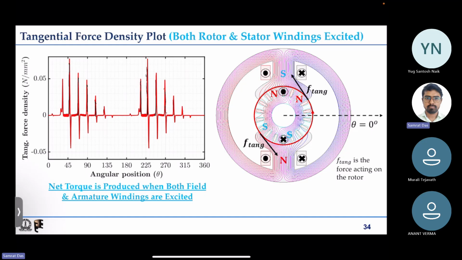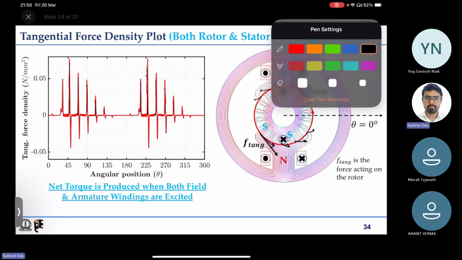Actually, you will have multiple tangential force components acting on multiple points, and in some places there can be some negative tangential force also. Similarly you will have multiple forces acting on the opposite side, and the combination of these will produce the net torque that you want in a motor.